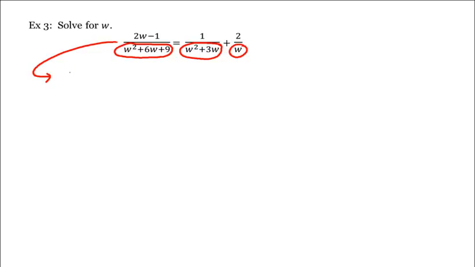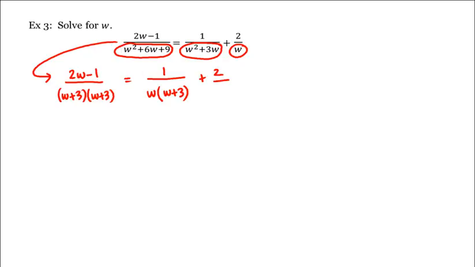So doing this gives us 2w minus 1 divided by the first denominator factors into w plus 3 times w plus 3 is equal to 1 divided by, and now here we can factor out a w, and we're left with w plus 3.